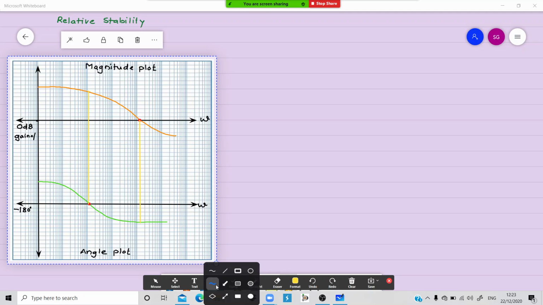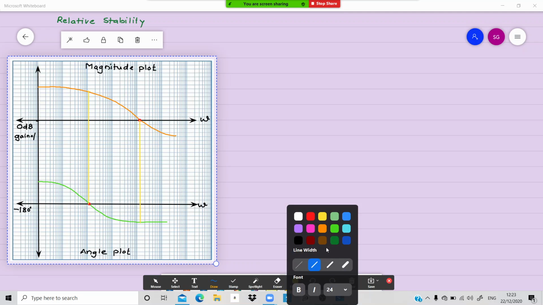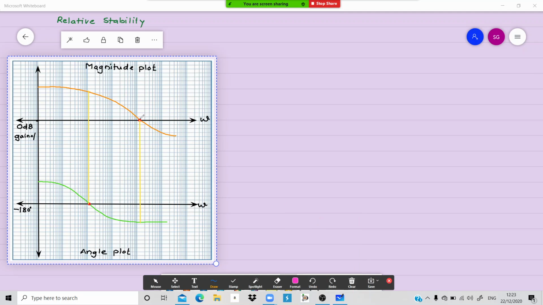Yeah, see now, this point, 0 dB gain, that means gain is 1. And when gain becomes equal to 1, we know that it is gain crossover.